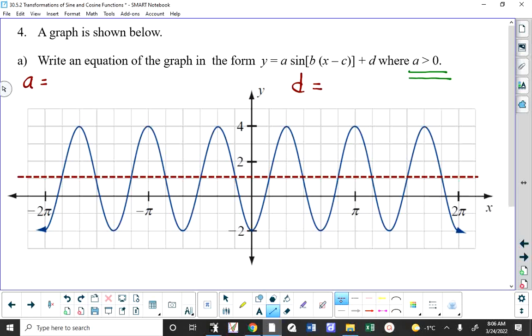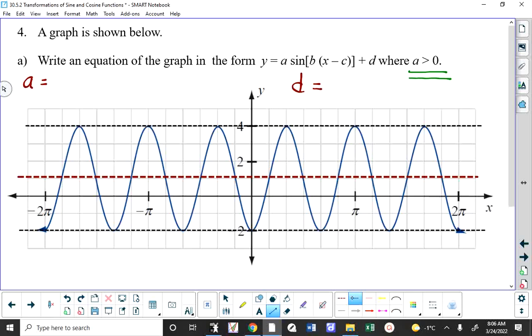And all I did to determine the middle of the graph, I actually imagined the maximum here first and the minimum here second, and I said, where is the middle going to be? And I counted in my head that the difference between the maximum and the minimum is 6. It goes from -2 up to +4, that's 6. So that means the middle is 3 below the maximum and 3 above the minimum.